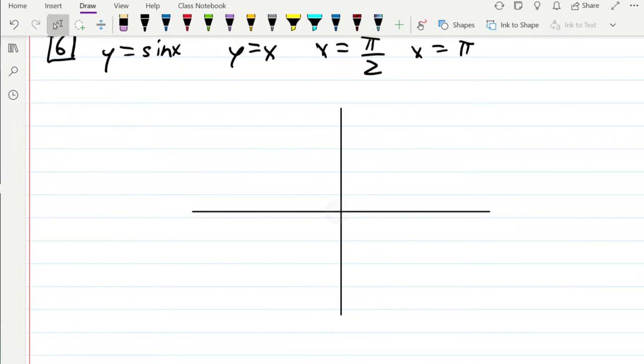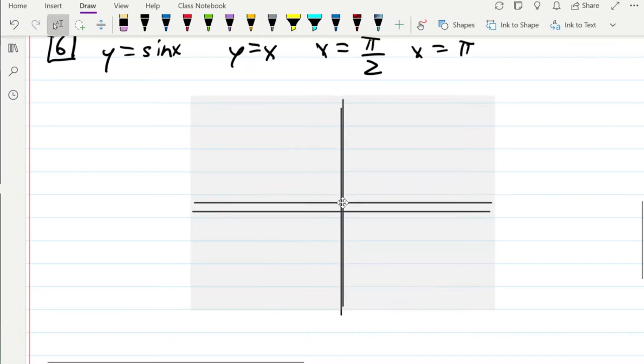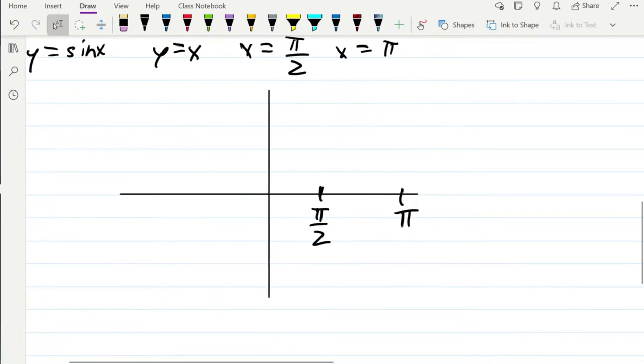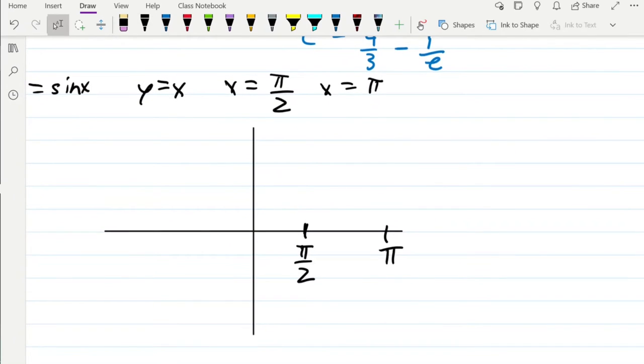Let's see, can I get this? There we go. So we're going to want pi over 2 and pi, because it looks like those are going to be the bounds.